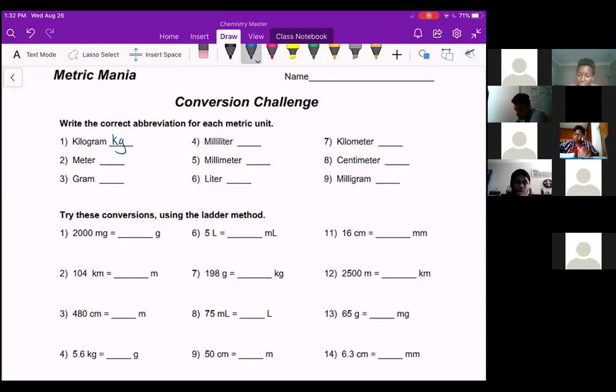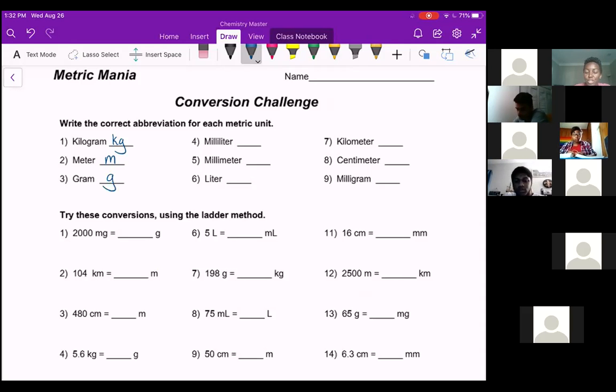Darshina, how about gram? I want the letter that you would use for the shorthand for gram. G. Yes, thank you.